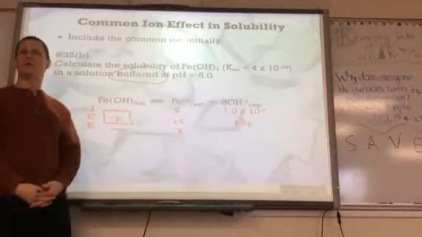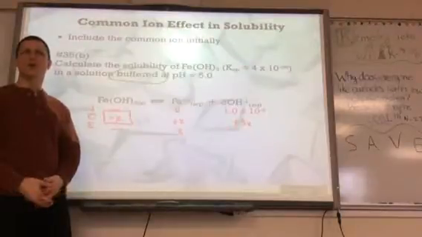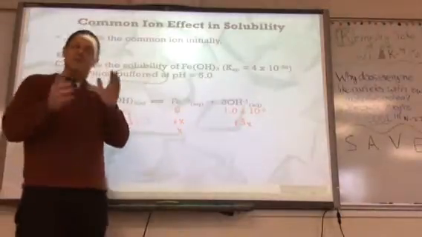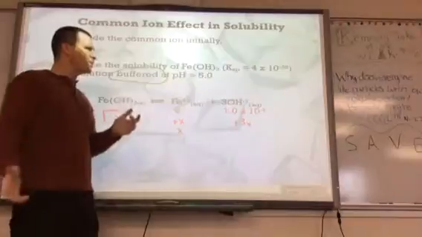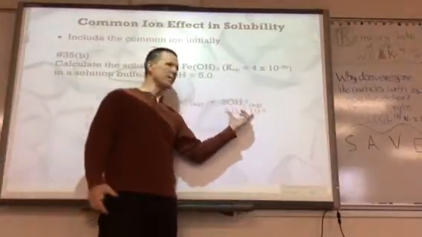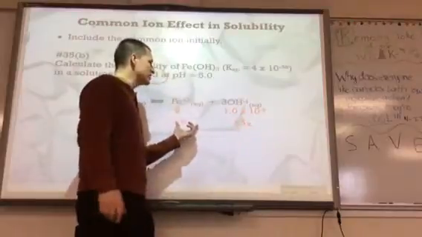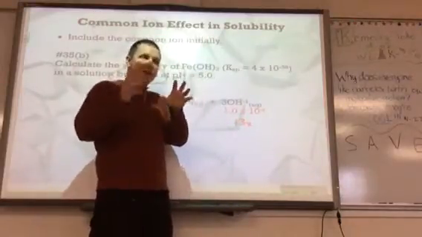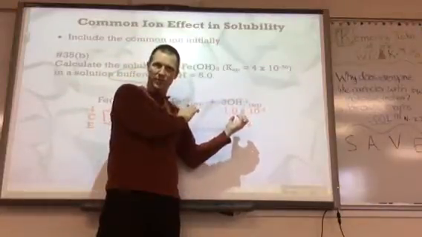What would it do for us? What is the job of a buffer? It keeps the pH constant. That's why we use buffers. So if the pH is supposed to stay constant, what does that mean about that number? It won't change. It's just going to be the same. So even though the reaction is going to try to produce some hydroxide, because it's a buffer environment, the weak acid that's in there is going to gobble up any added hydroxide to keep the pH constant.